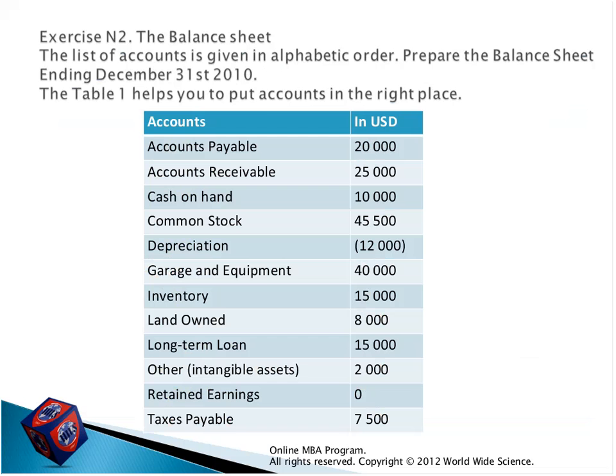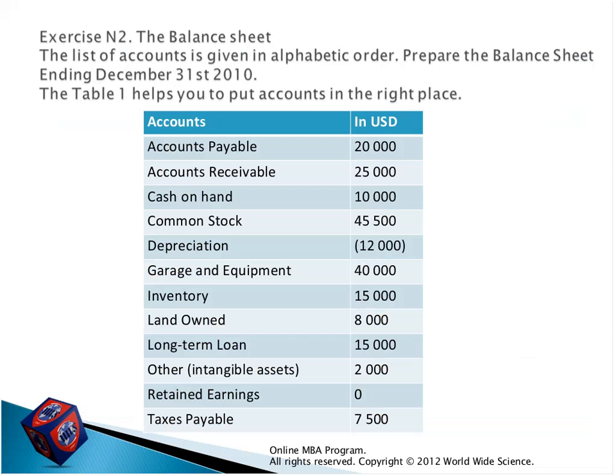Next, exercise number 2 is based on the balance sheet. Here is given to you a list of accounts in alphabetical order, and you have to prepare the balance sheet. I also gave you the balance sheet table to help you prepare it.